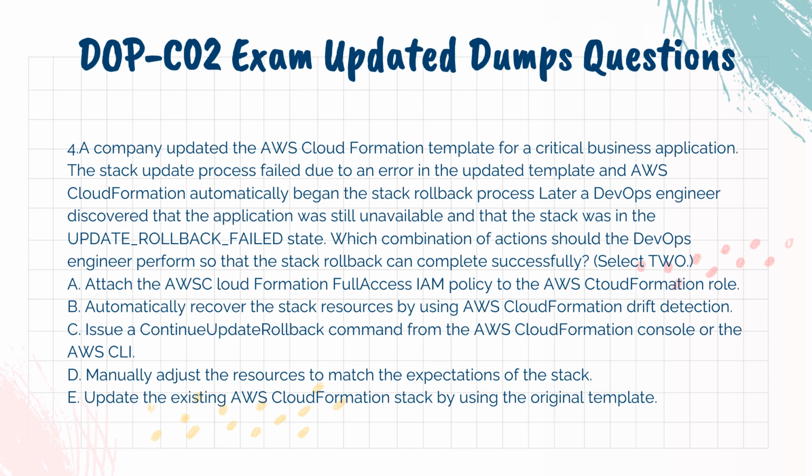C. Issue a ContinueUpdateRollback command from the AWS CloudFormation console or the AWS CLI. D. Manually adjust the resources to match the expectations of the stack. E. Update the existing AWS CloudFormation stack by using the original template.